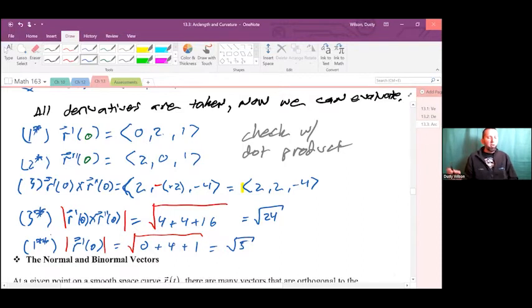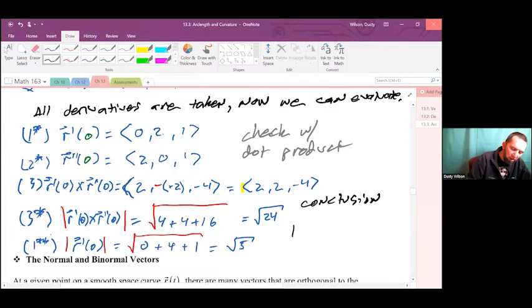And so when we put all this stuff together, here's our conclusion. The conclusion is that kappa, the curvature, is going to be the square root of 24 divided by the square root of 5 cubed.